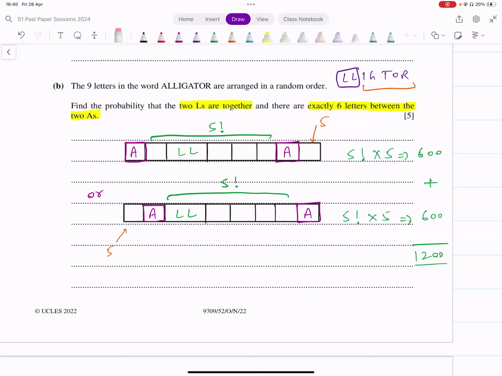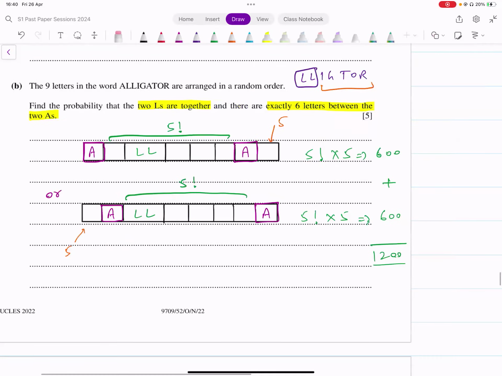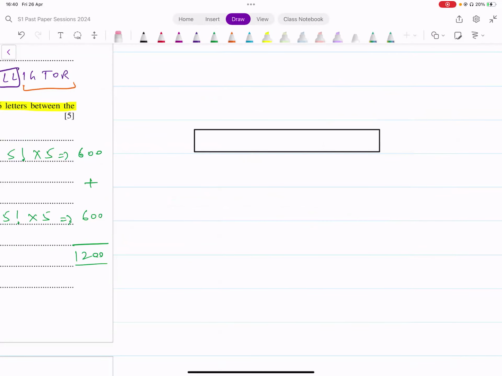More easier way to do this question, since you have 6 letters between the two A's, handling this condition will be a bit complicated. Okay, this is another way to think about this. You could say, since we want 6 letters between the two A's, I'm not sure if it's going to be any easier.